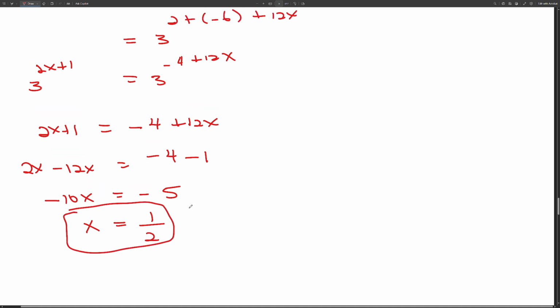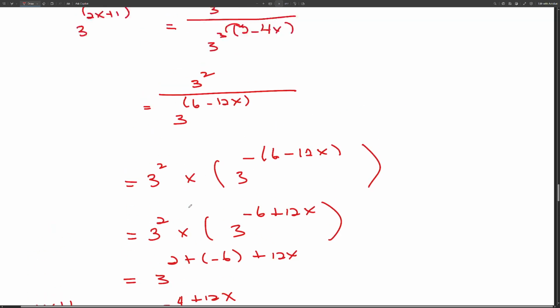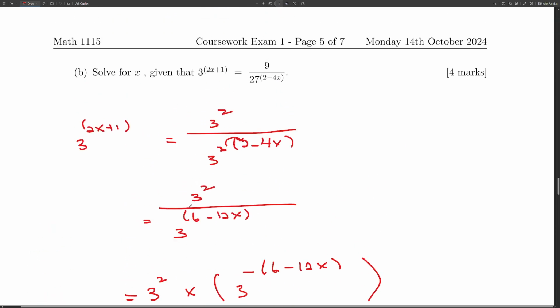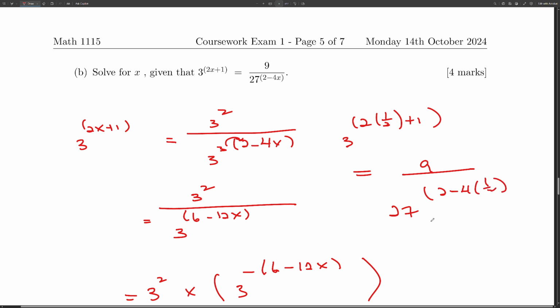If we have any doubt, we can go back and put it inside our equation and check. So actually, let's check while we're here. So put 3 to the power of 2 times a half plus 1, equal to 9 all over 27 to the power of 2 minus 4 by a half.